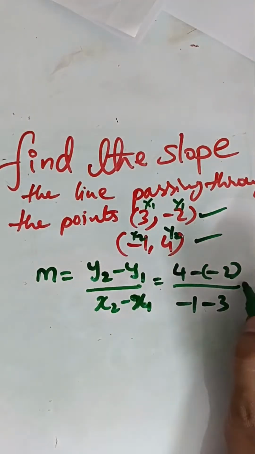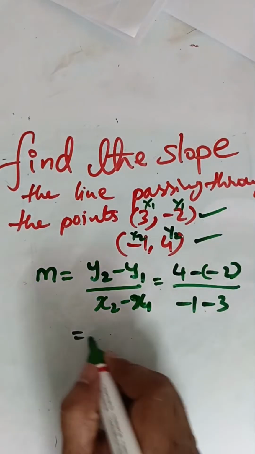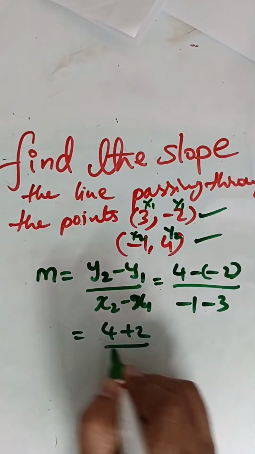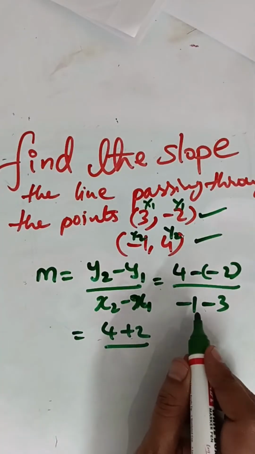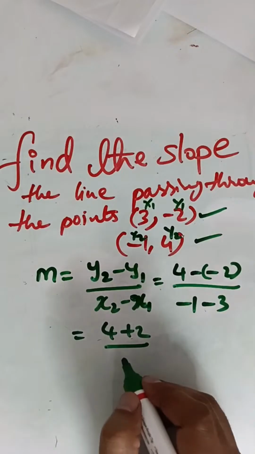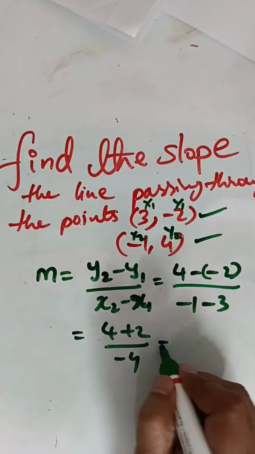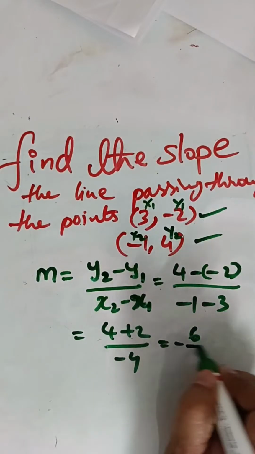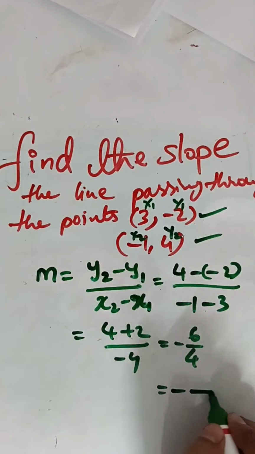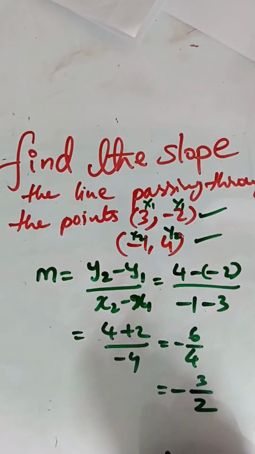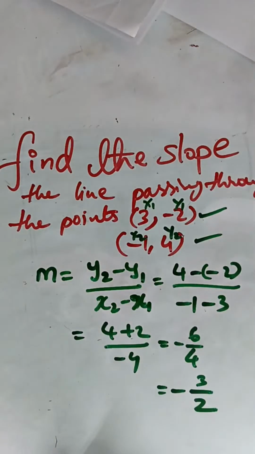Minus minus will become plus, so it will be 4 plus 2, which is 6, and the denominator is negative 4. So the answer is negative 6 over 4. If we simplify, we get negative 3 over 2.